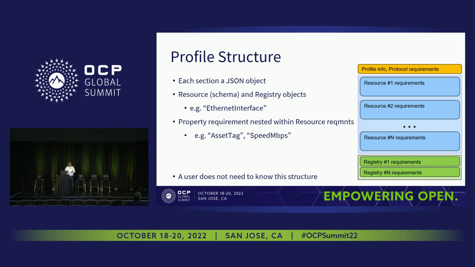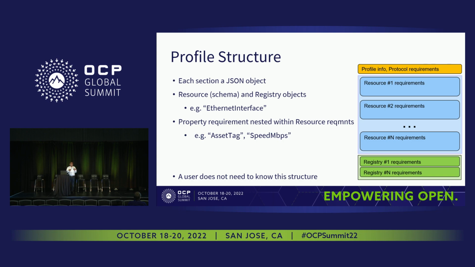That's how a profile will look. For example, if you are exposing an Ethernet interface, or for hardware inventory, you want to have asset tag as one of the properties. That will be contained within the profile, and those are the required properties. So an implementation which is compliant will expose those required properties as well as required actions.